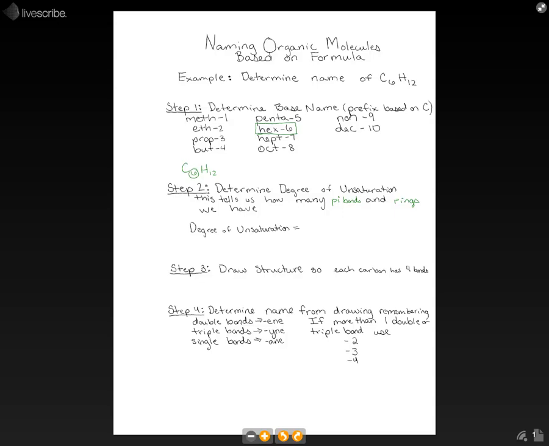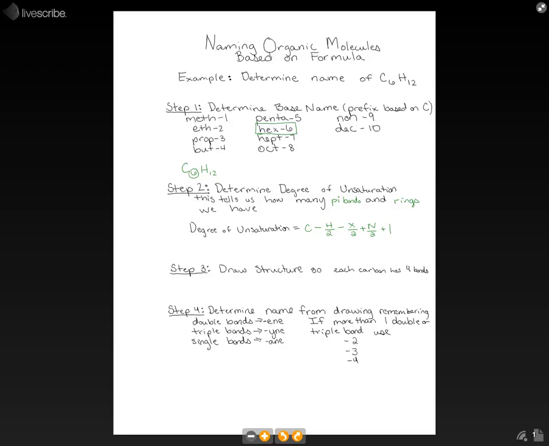So the degree of unsaturation equation is the number of carbon atoms minus the number of hydrogen atoms divided by 2, minus the number of halogen atoms divided by 2, plus the number of nitrogen atoms divided by 2, and then plus 1.